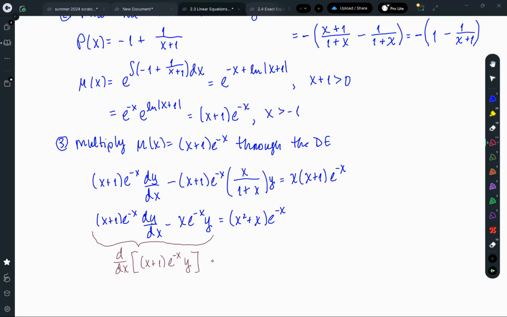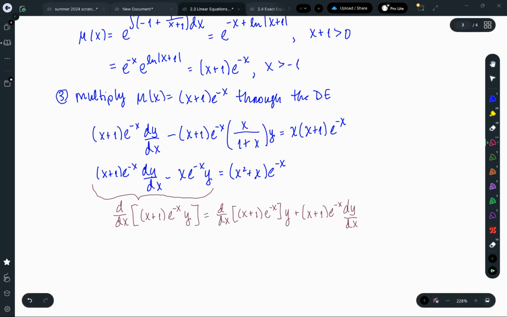And so when I do that, the derivative of the first, I'm going to deal with the x plus 1 times the e to the minus x all together. So I have d dx of (x plus 1) times e to the minus x, and then times y, plus (x plus 1) e to the minus x times the derivative of y, which is dy dx.